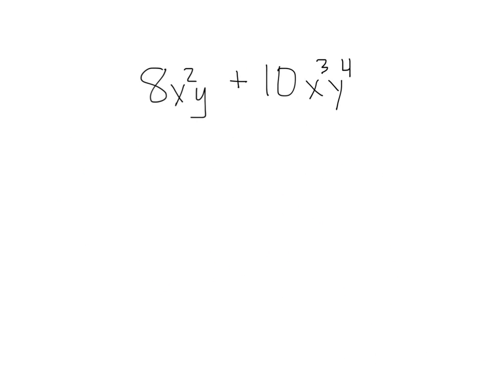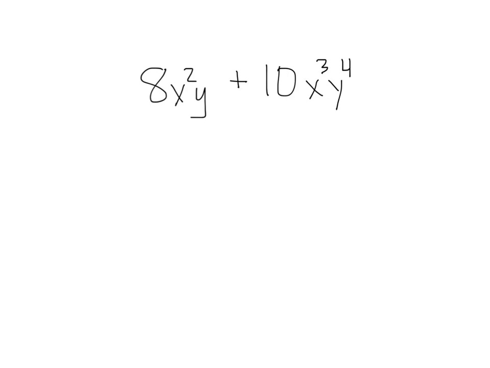Let's look at one last example about how we use GCFs to factor out of a problem. In this case, we'll look at our original problem. Instead of it simply being finding the GCF of 8x squared y and 10x cubed y to the fourth, we're going to turn them into an expression of 8x squared y plus 10x cubed y to the fourth. And your goal is to factor out the GCF.